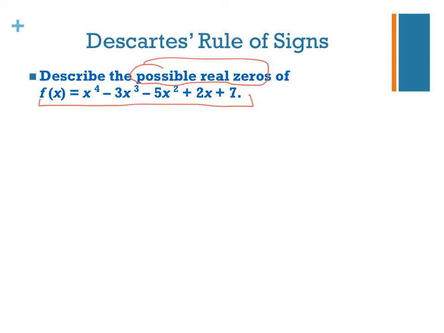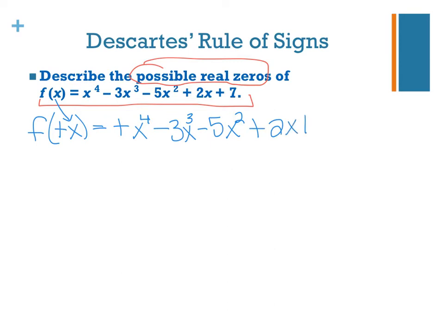Now, we're going to start out by looking at the original function, we'll call this f of positive x, because x right here is positive. And if we look at the original equation, the first term is positive x to the fourth minus 3x cubed minus 5x squared plus 2x plus 7.